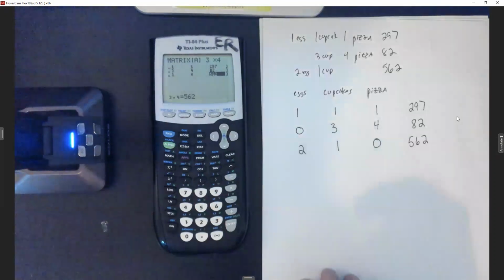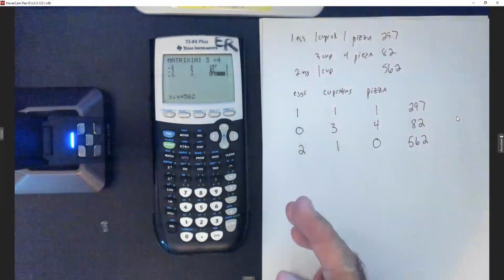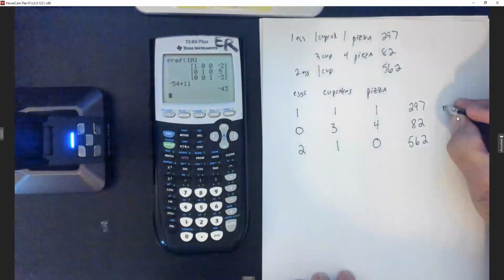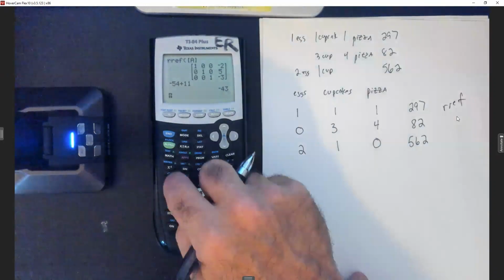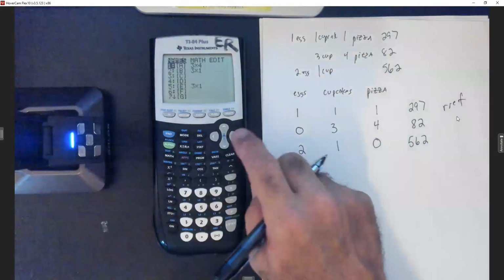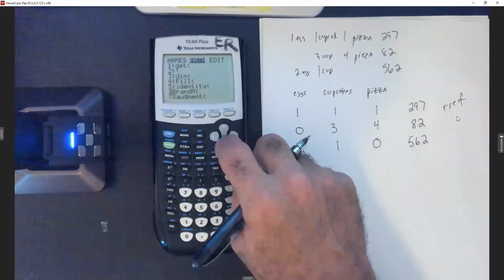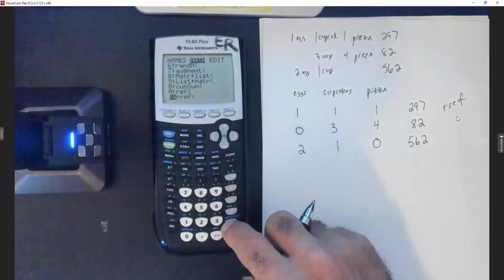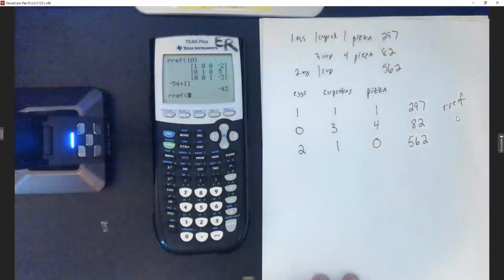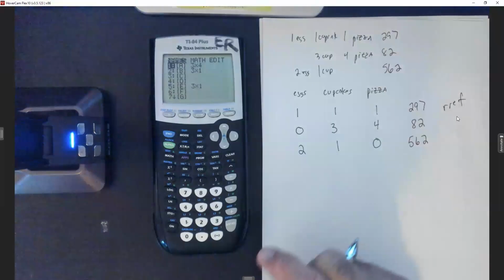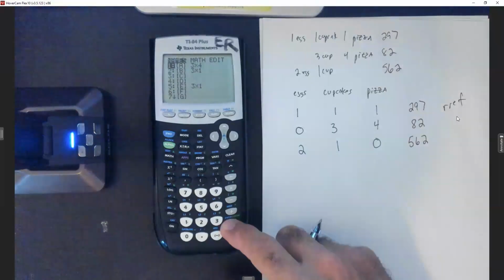So remember, I had all my numbers in. I'm going to quit that screen. I'm going to go get the RREF again. So go to second, x negative 1, arrow over to math, and then arrow down to RREF. And hit enter. Now, go get the matrix, second, x negative 1, enter for A, because that's where I put all my data.